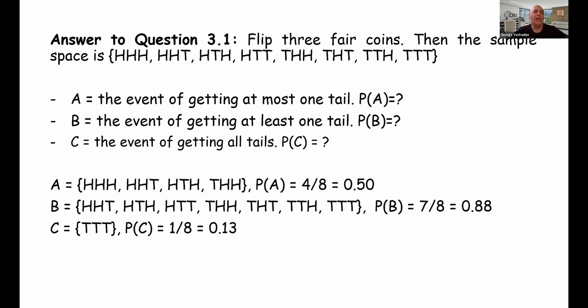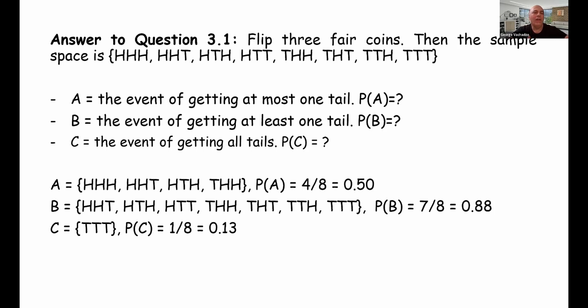Now let's see what event A is, what subset of the sample space event A is. Event A is getting at most 1 tail. Among all possible outcomes, the ones in which we get at most 1 tail are HHH, so that we get 0 tails, HHT, so we get 1 tail, HTH, 1 tail, and THH, again 1 tail.